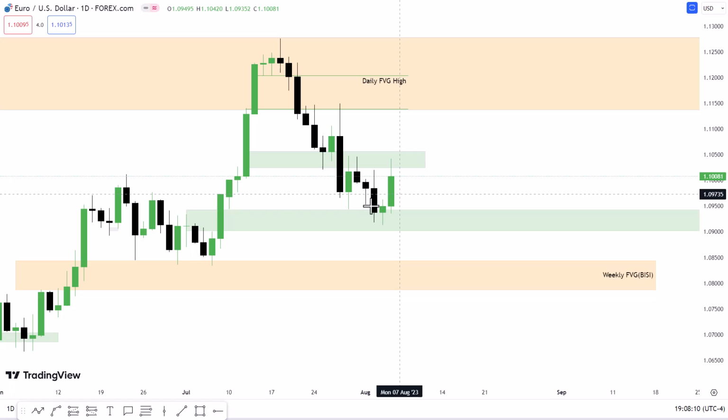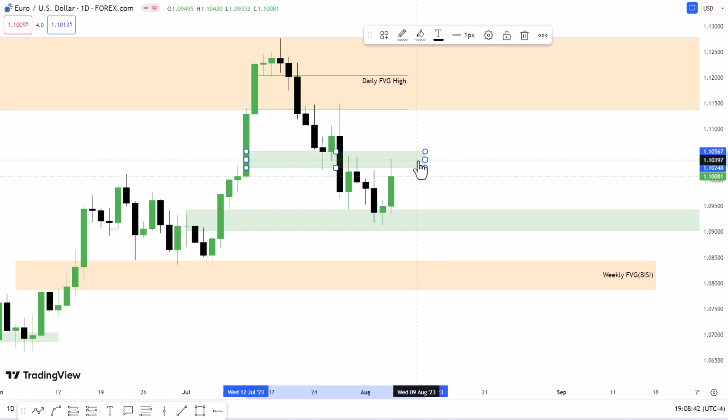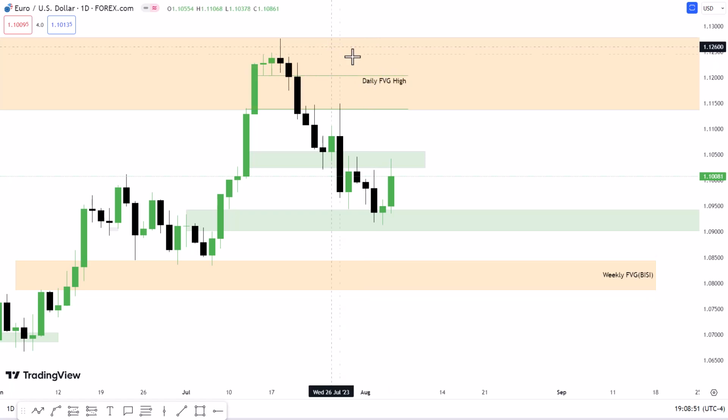But on the daily time frame for Euro Dollar, we have an imbalance last week. This is a fair value gap. Candle 1, candle 2, candle 3. It was respected, and then price is gravitating back up. Now for Euro Dollar, if on Monday, when market opens, we close above this, then we'll be expecting price to gravitate towards buy side up this way.